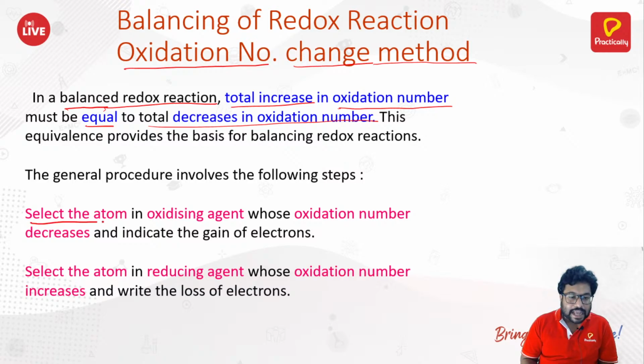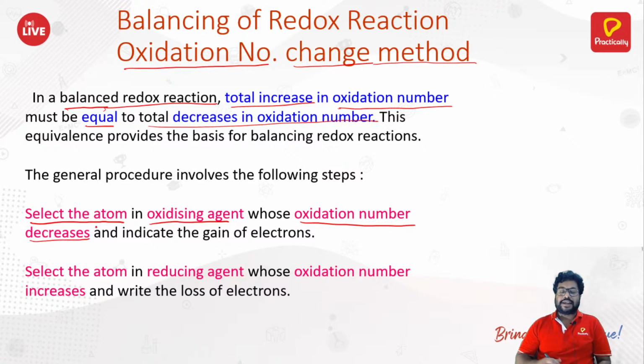First, select the atom in the oxidizing agent whose oxidation number decreases. Now we know that an oxidizing agent is a compound which oxidizes another compound while itself getting reduced. That means your oxidizing agent is gaining electrons. If it is gaining electrons, its oxidation number is reducing, because it is reduction. But not the whole compound is undergoing a reduction.